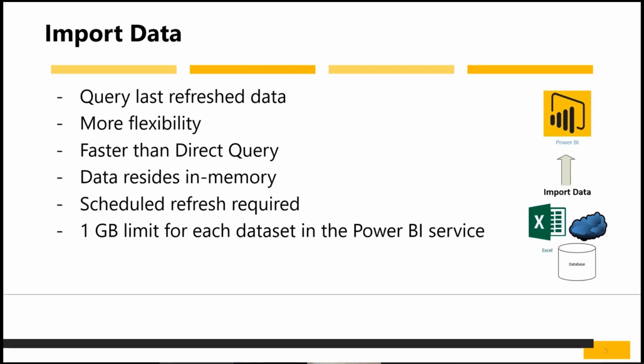We need a scheduled refresh because we need to get up-to-date data into memory. The drawback of this connection is there is a 1 GB limit for each dataset in the Power BI service. So if you have data of more than 1 GB, you cannot import that dataset.